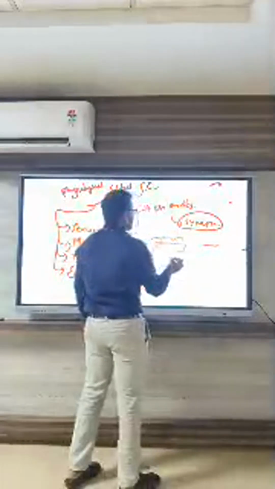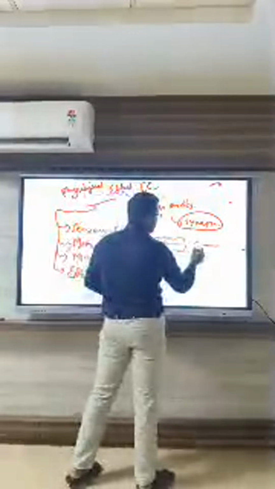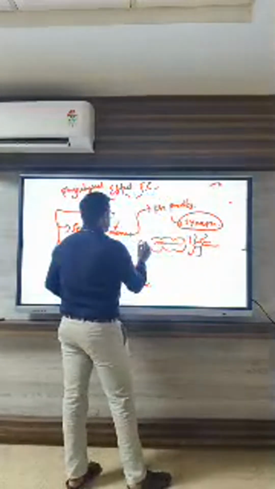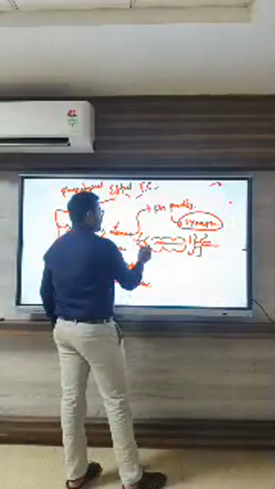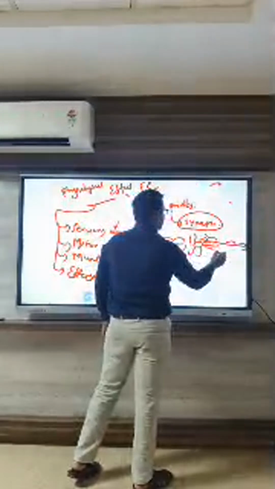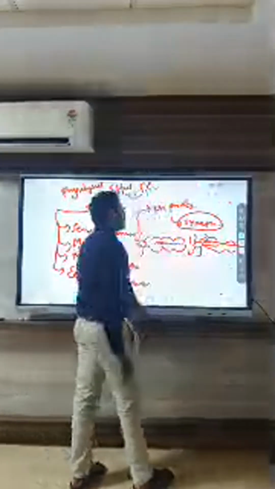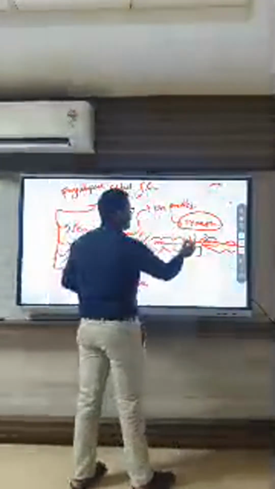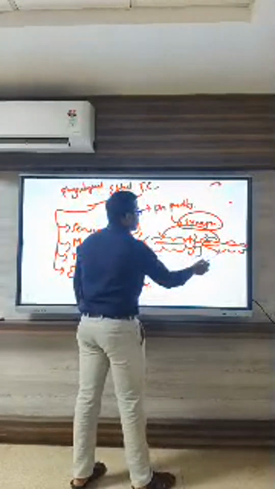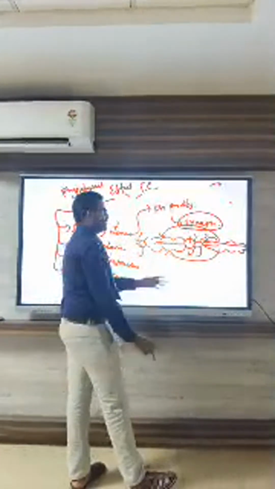This is the demyelinated nerve fiber, and this is another nerve fiber. So what is meant by synapse? It is the intermediate portion between one neuron and another neuron, where the impulses are transmitted. That is known as the synapse.